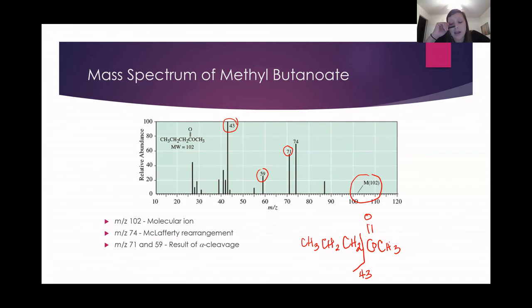If we add a carbon double bonded oxygen to that, we would get 55 plus another 16, which would be 71 if I did my math correctly. So that's the 71 of our alpha cleavage. And then our OCH3 is cut off there.